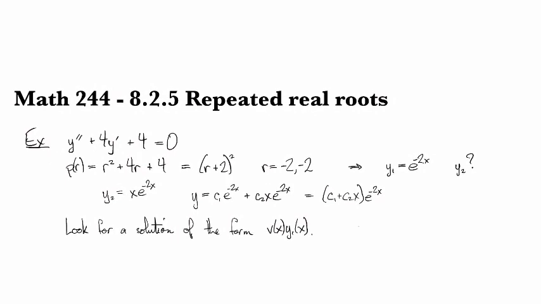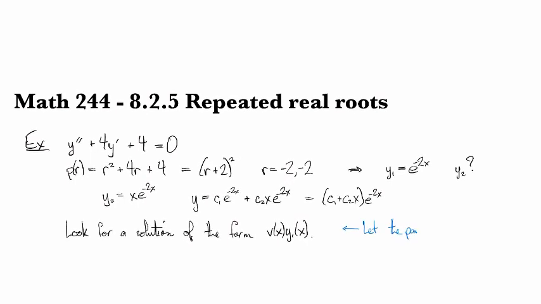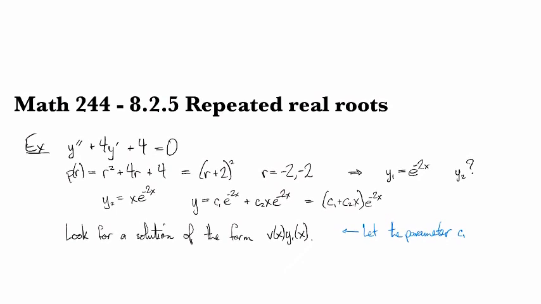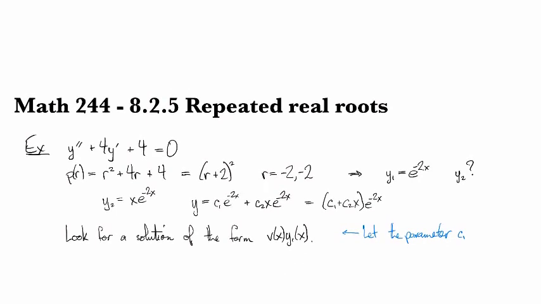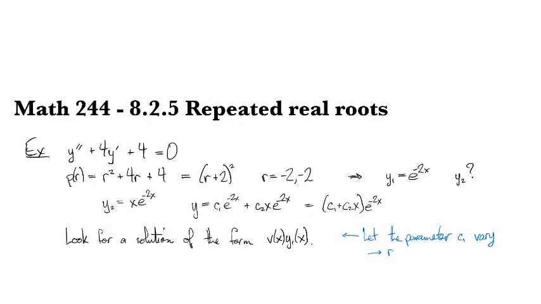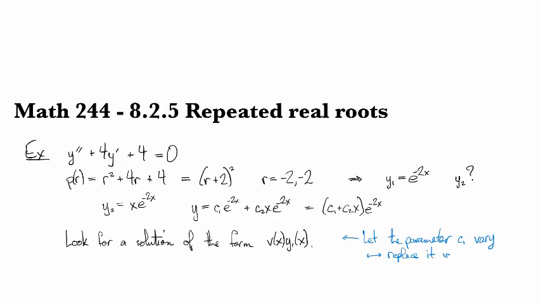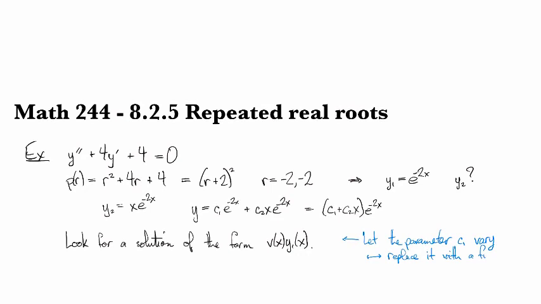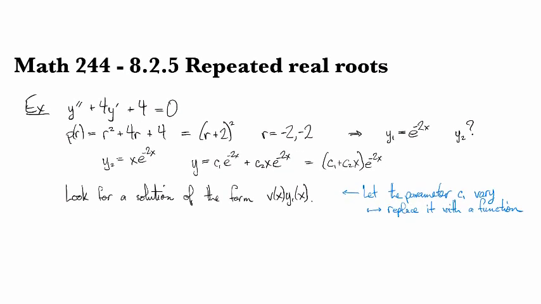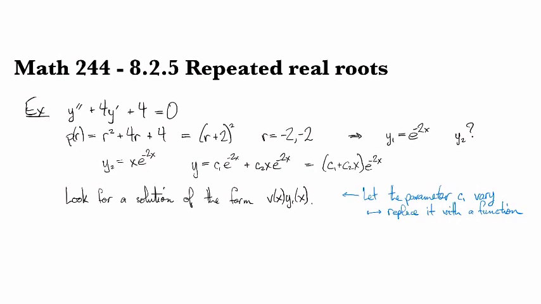So the idea here is to let the parameter c1, the coefficient, for y1 vary. In other words, replace it with a function. And so this is what's called a reduction of order technique. We'll see that this ends up reducing the order.